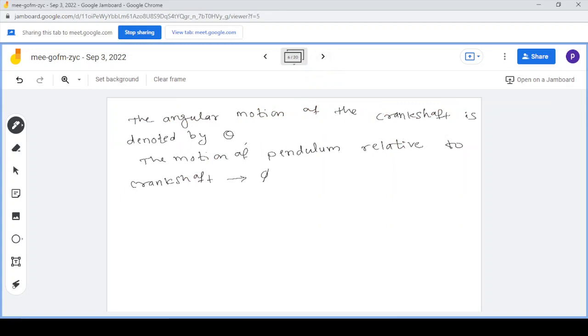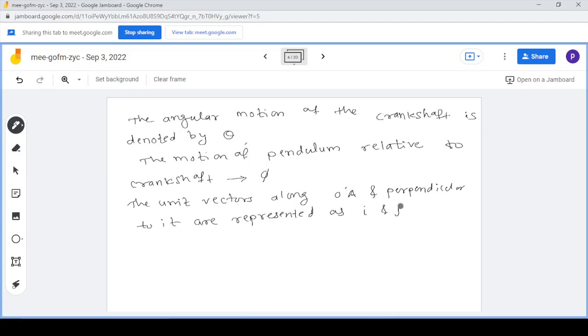Now let us call the unit vectors along O dash A and perpendicular to it are represented as i and j respectively.